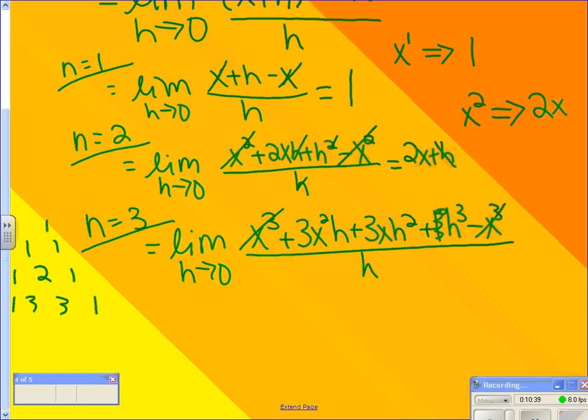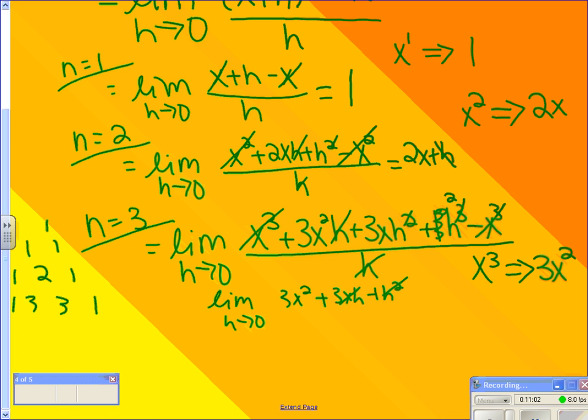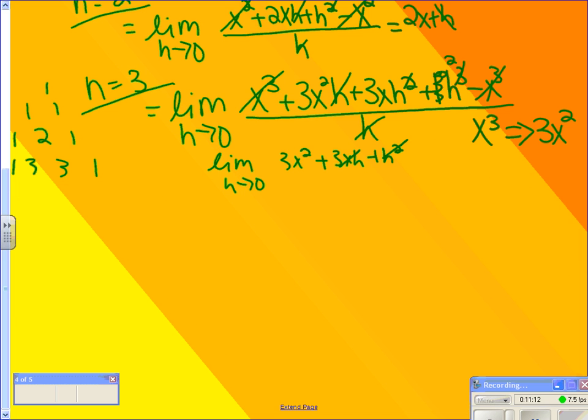Okay. Cancel one h in each term. So you have 3x squared plus 3xh plus h squared. What happens when you take the limit of that? So x cubed, the derivative is what? Do you agree? You'll see how that works? Okay.